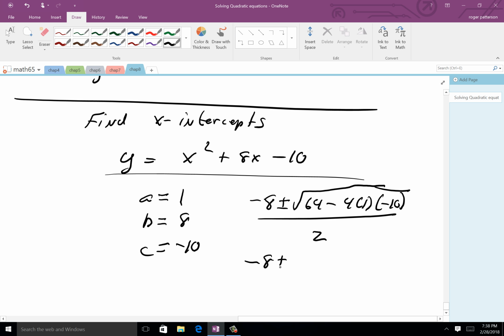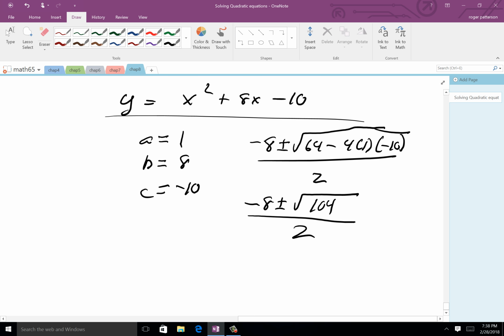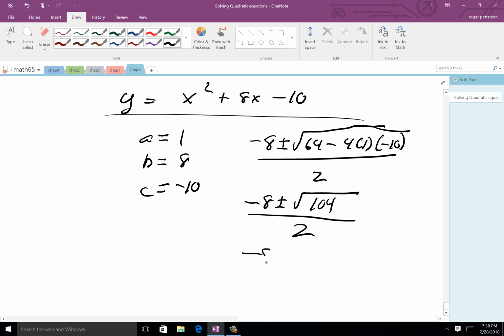So let's see, we're going to get 4, that's 40, 104 over 2. All right. Oh, hey, that's 104 again. We got that already once today. Let's see, so that was 2 out front and 26 inside.